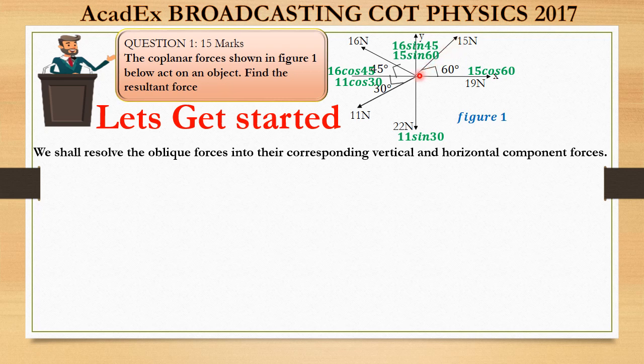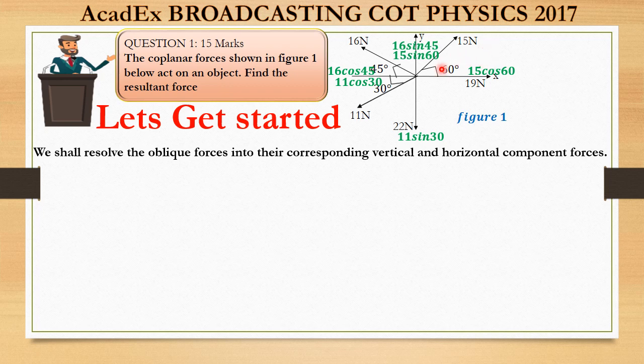However, this 15 Newton force can be resolved into a vertical component and a horizontal component. We use our knowledge of trigonometry to do this. The horizontal component is given by 15 cos 60.